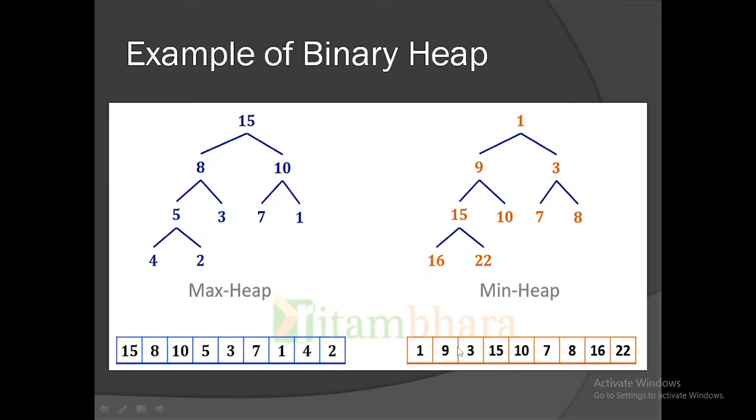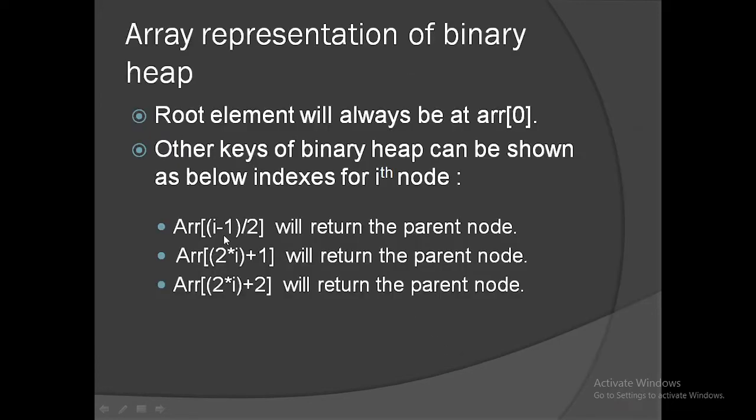If you want to check in this array representation what is the left node of 9 and what is the right node of 9, you can check using these three conditions. (i minus 1) by 2 will return the parent node. 2i plus 1 will return the left node.